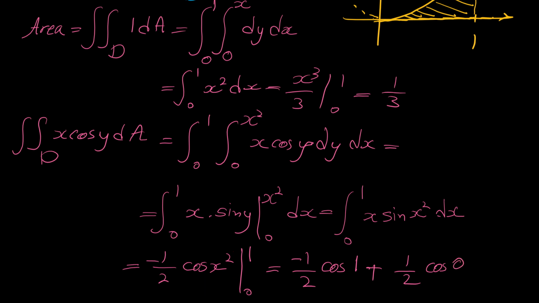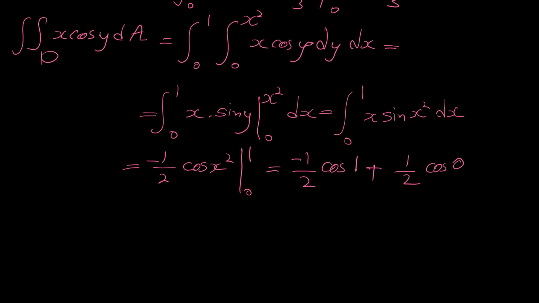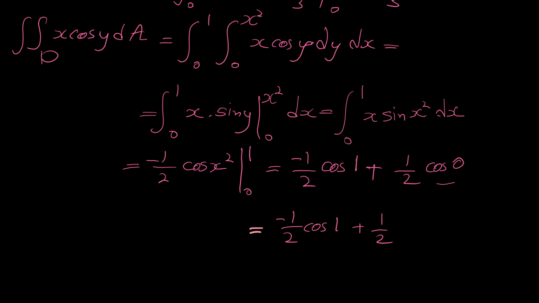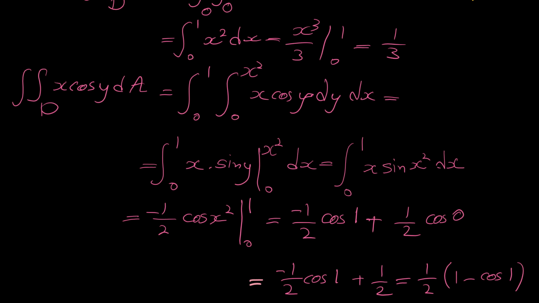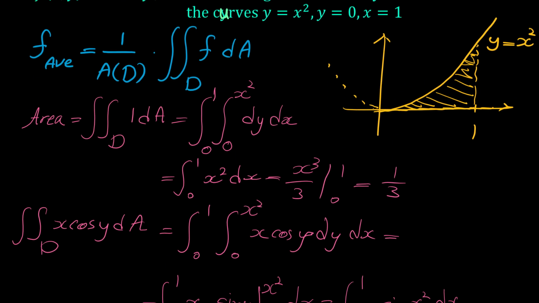Cosine of 0 is 1, so this integral equals, finally at the end, negative 1/2 cosine of 1 plus 1/2. And I prefer to write this answer in the form of, if I factor a 1/2 from these two, 1/2 times 1 minus cosine 1. So this is the value of the double integral.